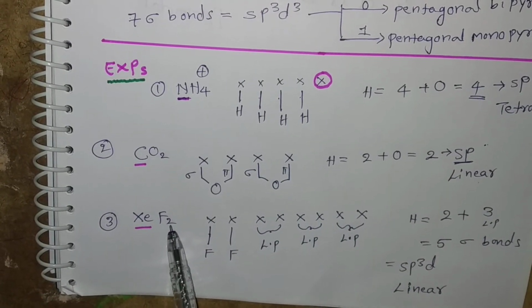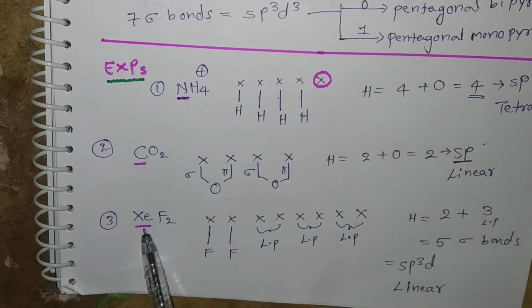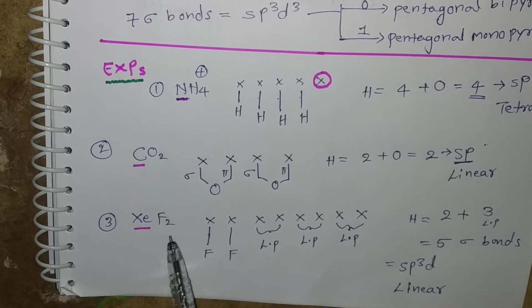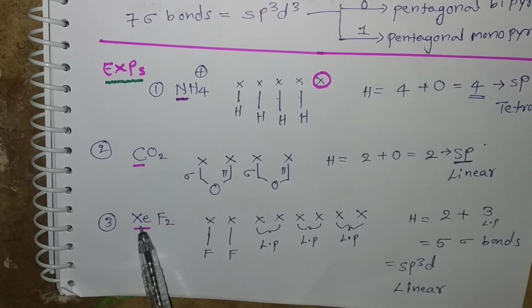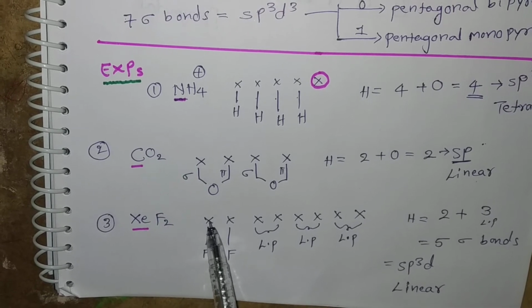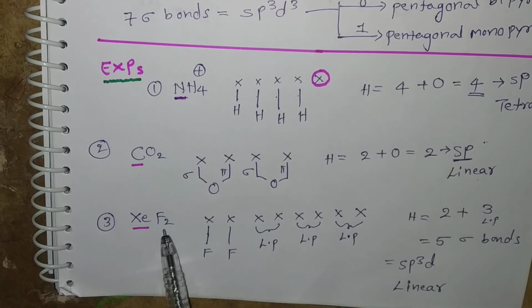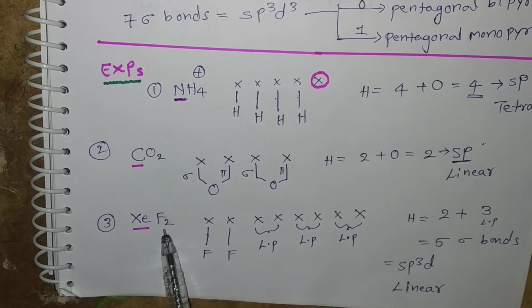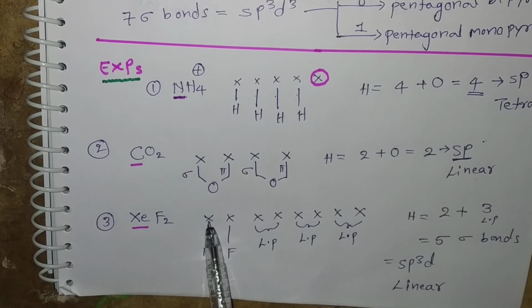xenon difluoride. In xenon difluoride, the central atom is xenon, which belongs to the 8th group in the periodic table. So total valence electrons in xenon 8, represented as crosses 1, 2, 3, 4, 5, 6, 7, 8. Now fluorine is monovalent. Each fluorine forms a sigma bond with a valence electron.